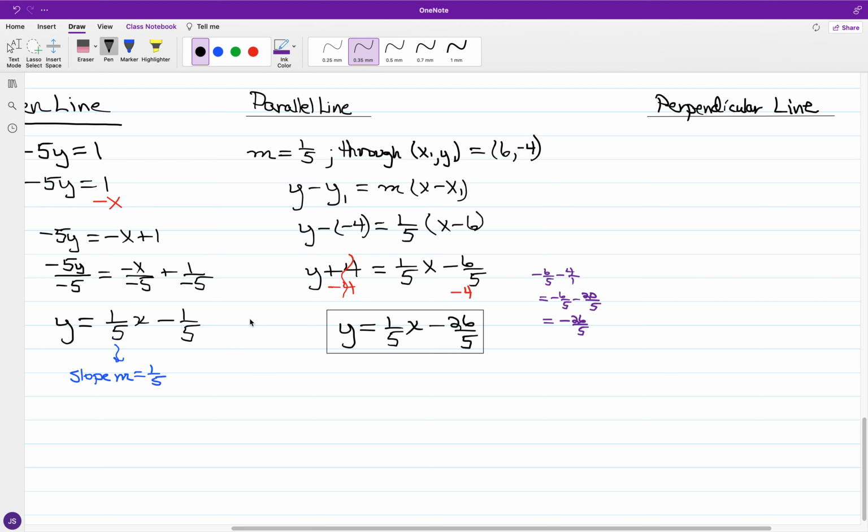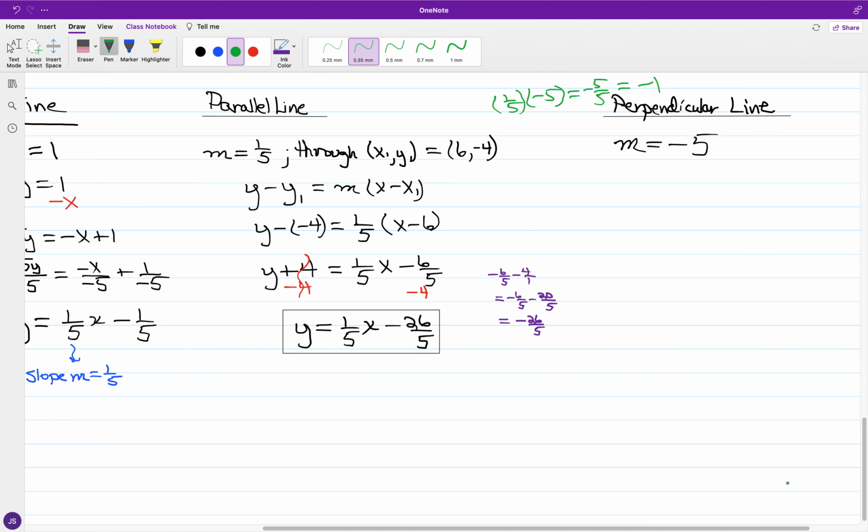For the perpendicular, we're going from a positive to a negative, and the reciprocal of 1/5 is going to be 5. So the slope we have is -5 for the perpendicular. Again, you have 1/5 times -5, so you have -5/5, which is -1, reaffirming that the product of perpendicular line slopes is -1.